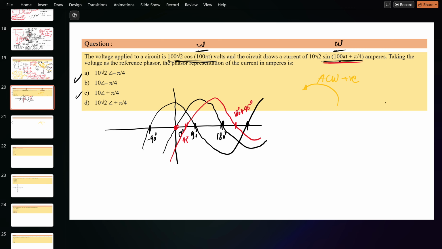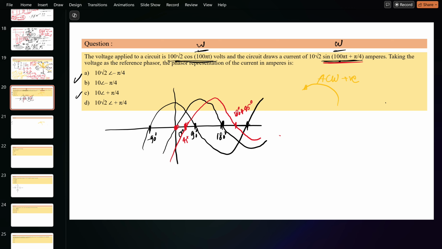There are two concepts which I told in the last class for deciding whether one is lagging or leading. Because the sine angle has a plus pi by 4, it means leading.